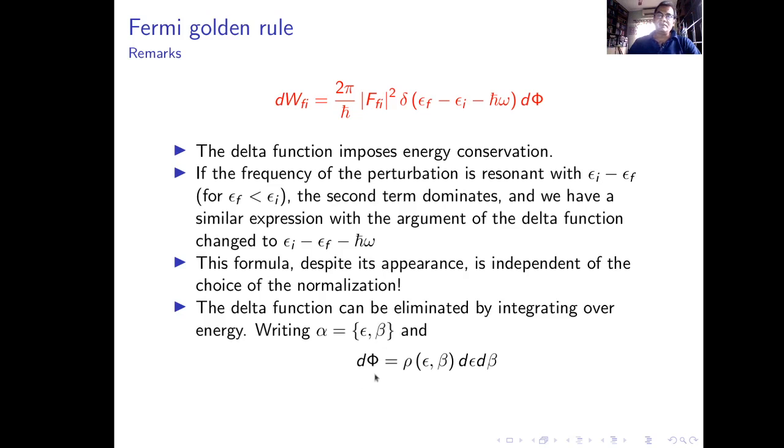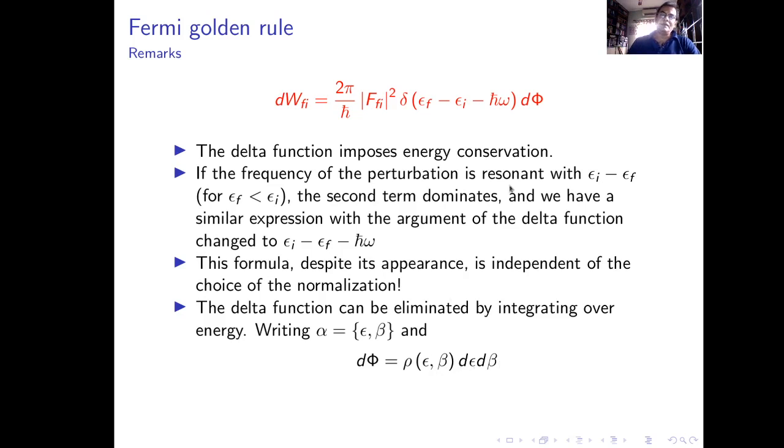And so this d phi that we have written down, which is actually d alpha by n alpha, should be expressible in this form: d epsilon for the energy range times variation in the other parameters d beta times a function of epsilon and beta, which will be called the density of states. This tells us essentially how many states there are in the range between epsilon and epsilon plus d epsilon, beta and beta plus d beta.